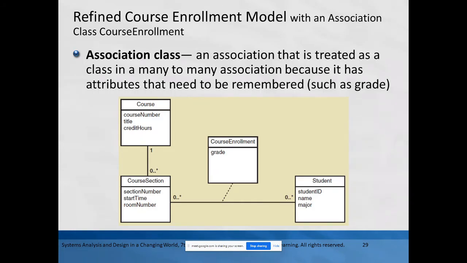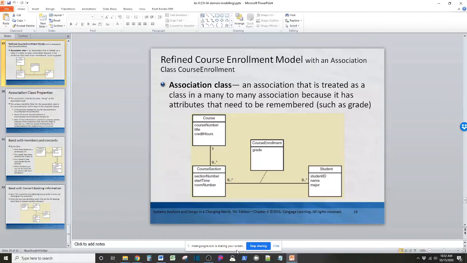I know what they're saying here. I'm not a huge fan of it because it still implies that the relationship is there between course section and student, and it's not an allowable type of relationship. You cannot have many-to-many relationships. And the text doesn't go into it, so I wanted to show you again.